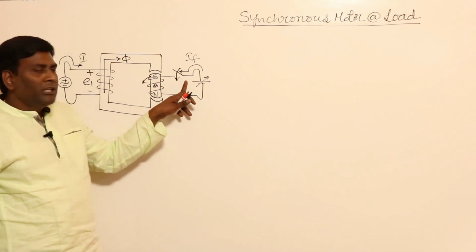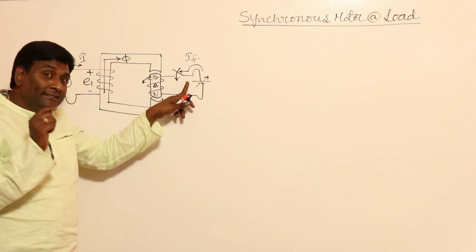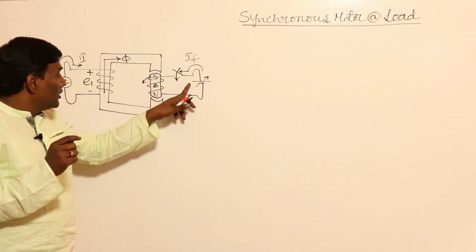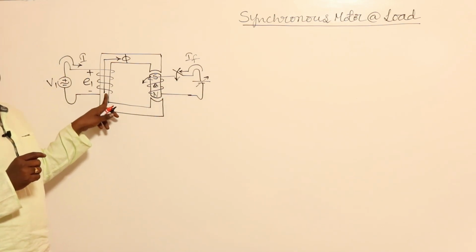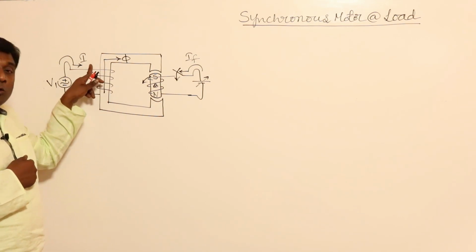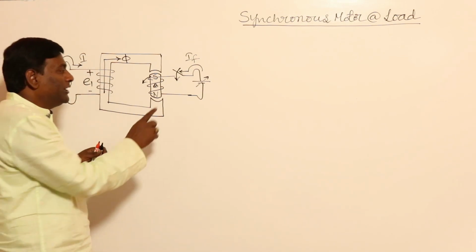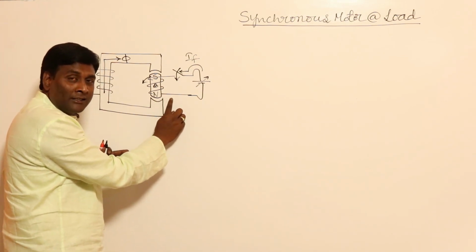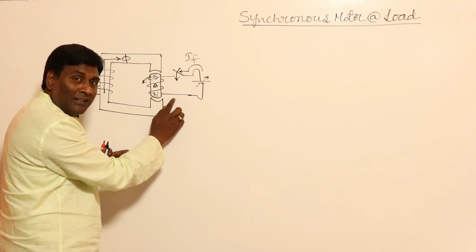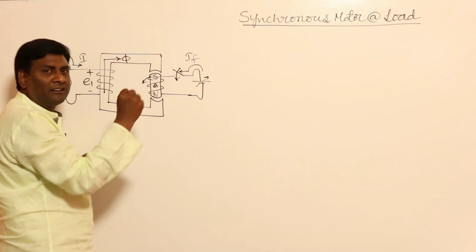For example, if it is producing exactly 100 flux lines, how many more flux lines has to be created by this? 0. Under that condition, how much will be this current? 0. Now, for example, if 120 flux lines are created by this, it is also rotating, and this flux are exactly aligned.